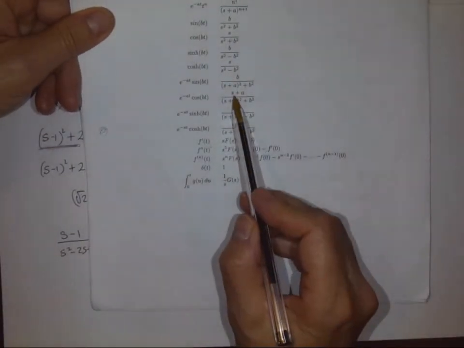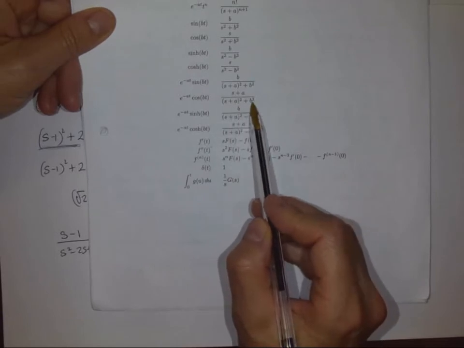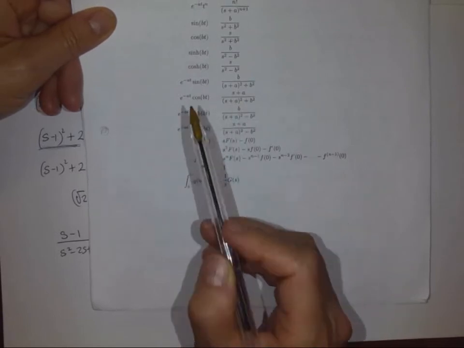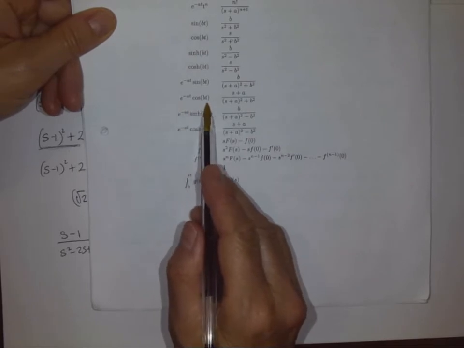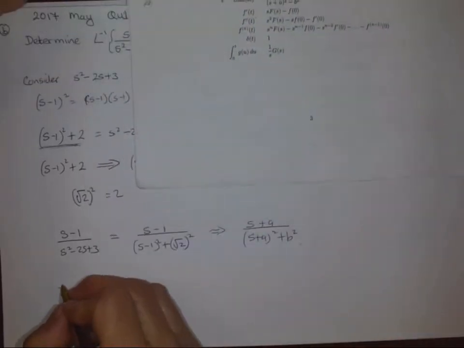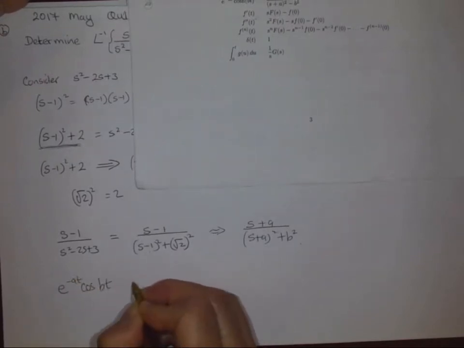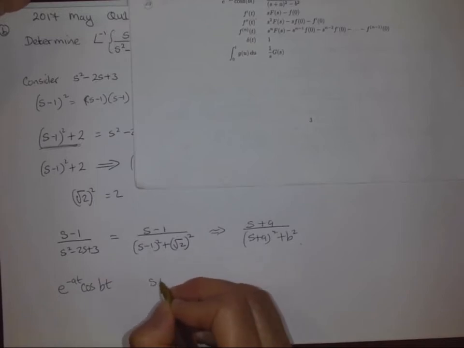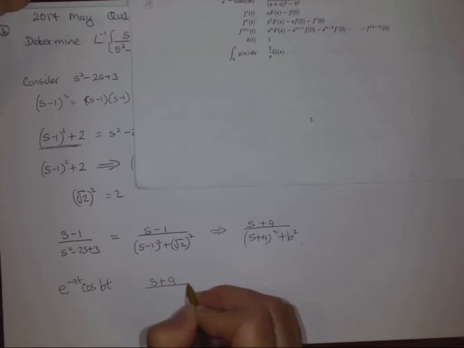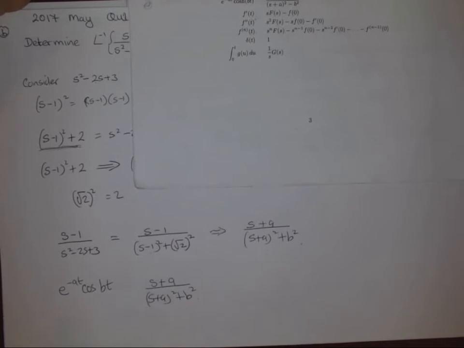s plus a over s plus a squared plus b squared is on the left hand side, and on the right hand side we have e to the minus at cos bt. So we have e to the minus at cosine bt, and then if we did the Laplace on it, it would be equal to s plus a over s plus a squared plus b squared.